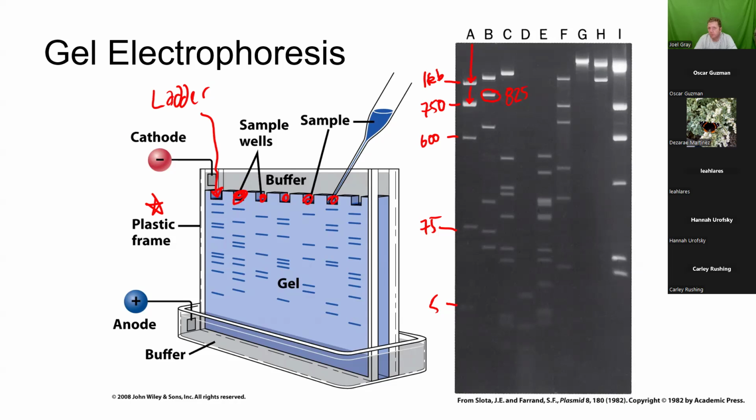Then you make a regression curve or a graph where you say based on these migration distances and the sizes of those, then this one, because it migrated this other distance, it must be exactly this size. Okay, now that's not something that we're going to get into here, but the migration distance tells you approximately the size of the molecule.